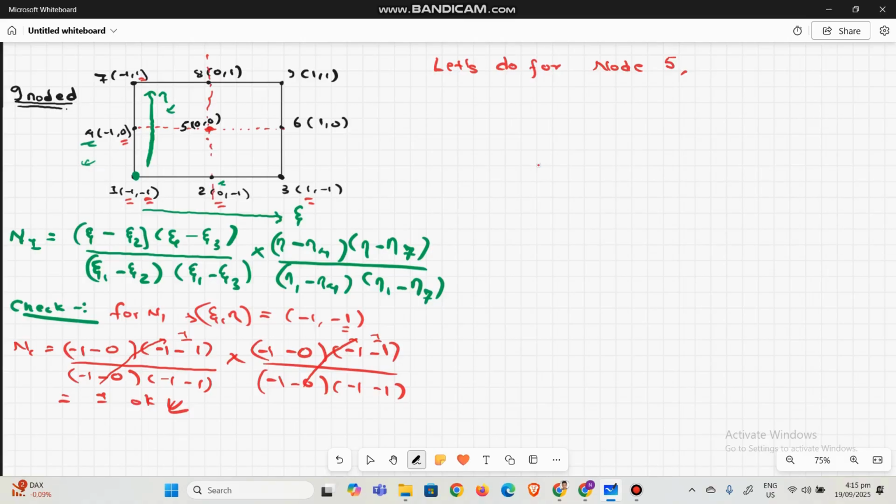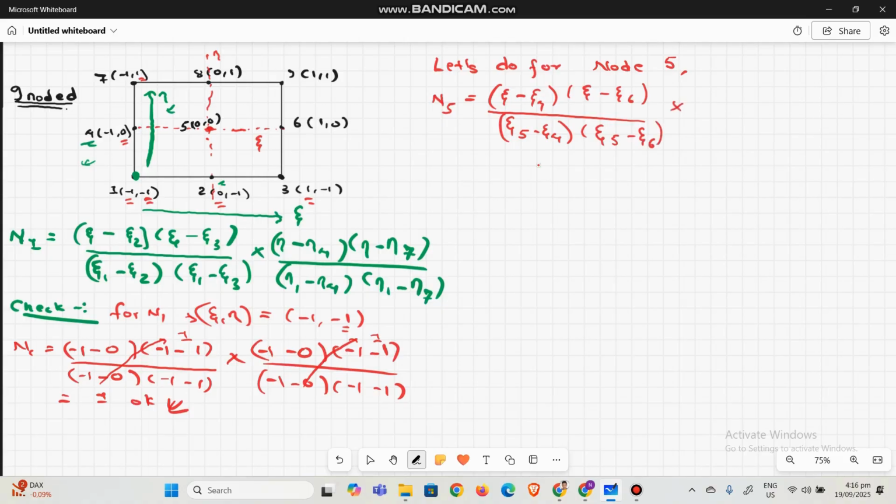So for n5, since xi is in this direction, let's do xi minus xi4 and xi minus xi6 divided by xi5 minus xi4 and xi5 minus xi6.